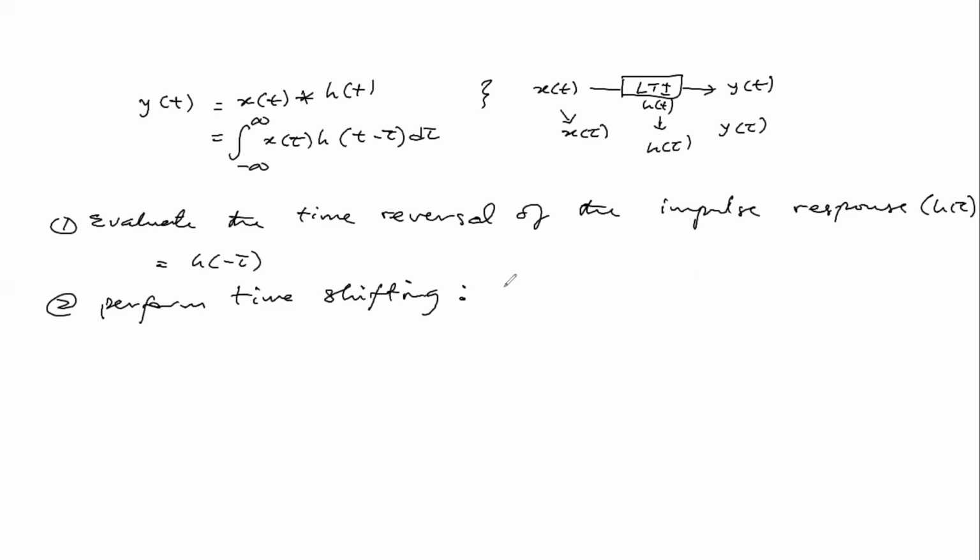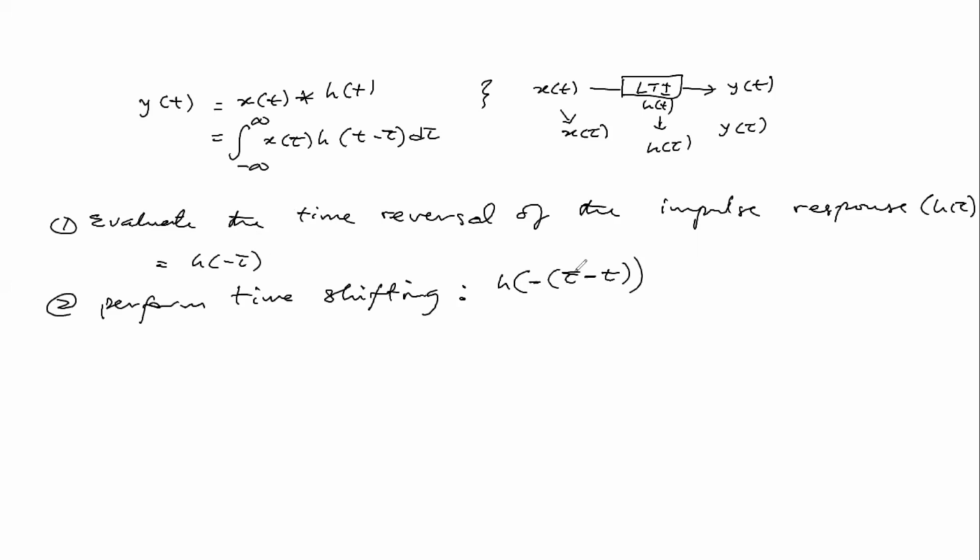Here we are now going to have h of negative tau minus t, right? You know, we already performed time reversal, so we are performing time shifting on tau.